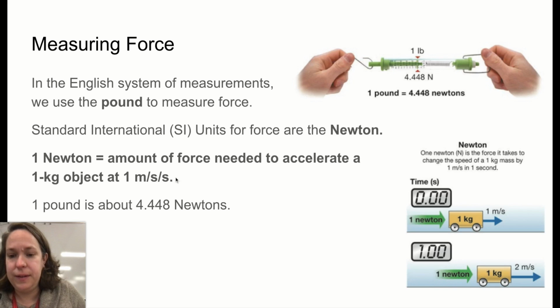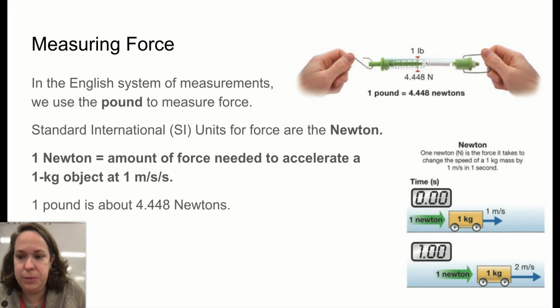And that's a very specific definition. It might not mean a whole lot to you right now, but it is a very specific scientific definition. 1 pound is about 4.5-ish newtons, 4.448 newtons, just to give you a reference point.